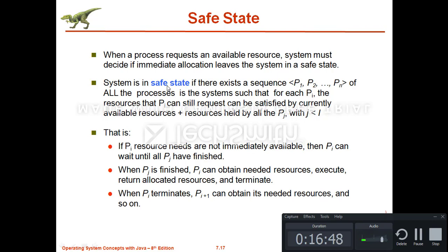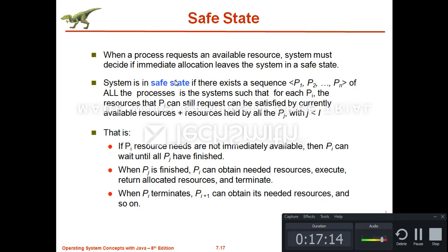So safe state is nothing but the order in which, if you execute the processes, the possibility of deadlock will be less. So that path we call a safe state. If you execute the processes in order P1, P2, P3, P4, then the possibility of deadlock will be less. If you execute the processes in order P1, P4, P5, P6, then the possibility of deadlock will be more.